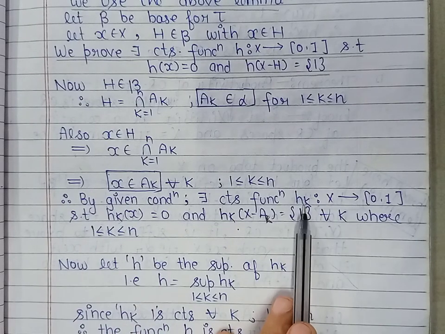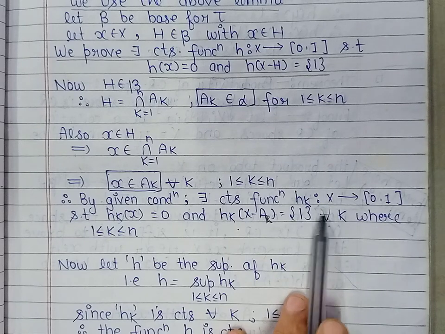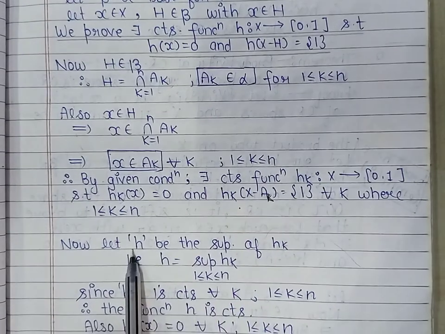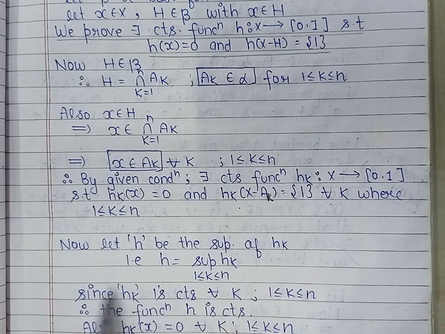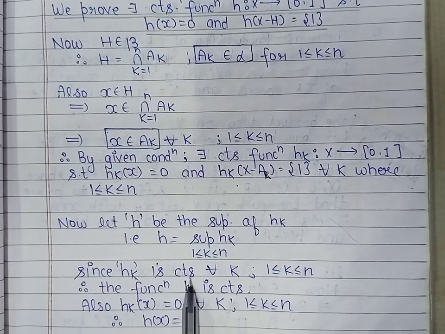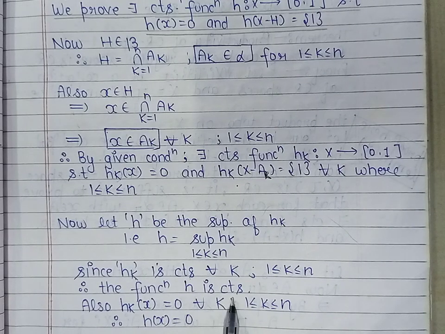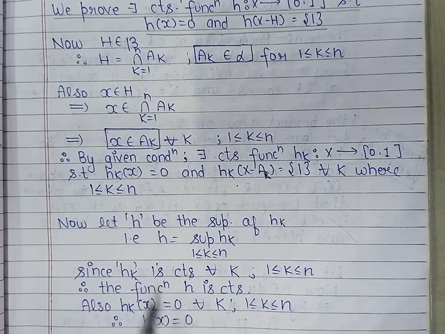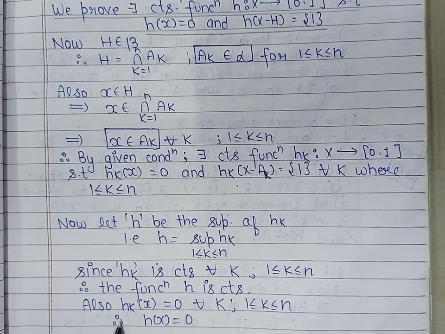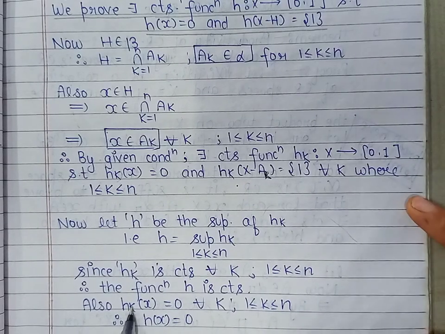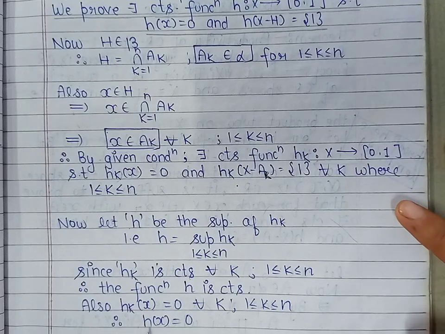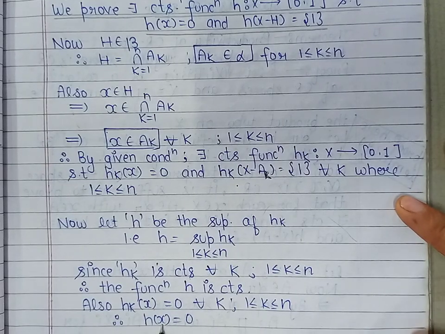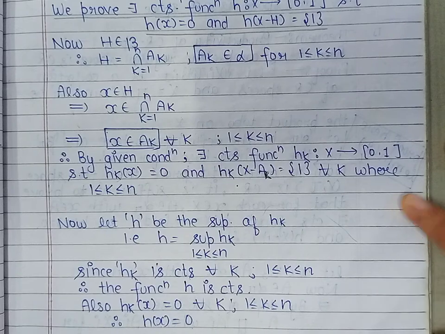Now we have the functions h_1, h_2, h_3 up to h_n. Let us take h to be the supremum of all these h_k. Because each function h_k is continuous, we can say that h is also continuous. Now under each function h_k, the image of the point x is 0 for every k. Therefore this will be true for the supremum also. So the image of the point x under the function h is 0.